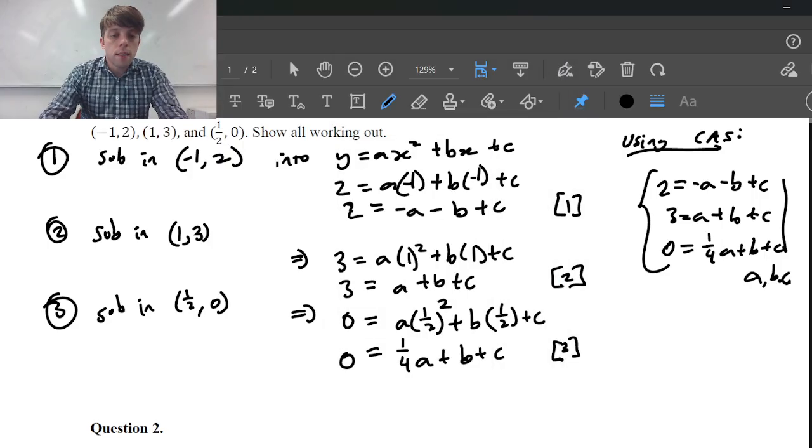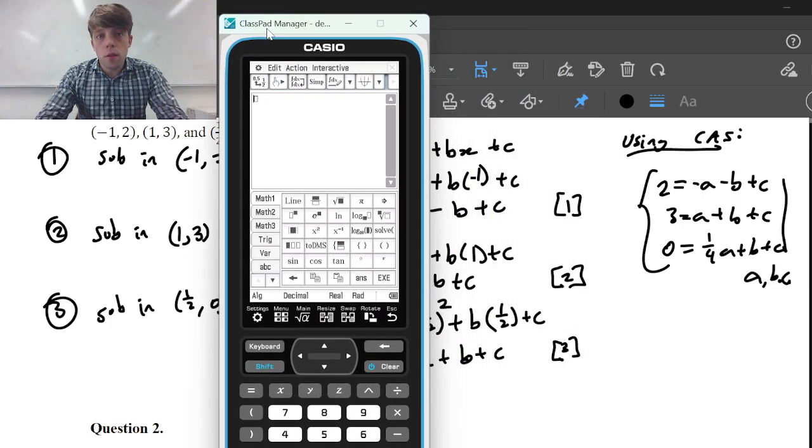We'll bring up the trusty CAS calculator here and just plug in those equations. So the technique you're going to use here is you're going to go to the math screen here, math 1. We locate this button like this, and we can hit it one more time. If we click that button again, it adds a third line for a third equation, and we can just type in those three equations.